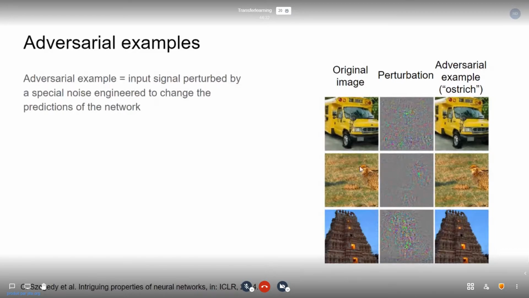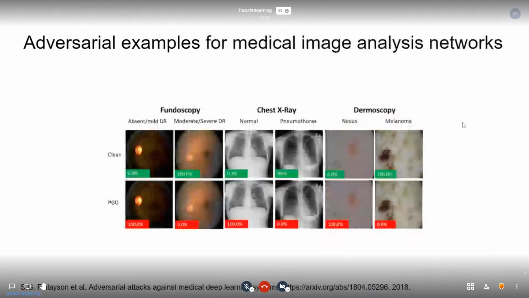All these images are classified correctly by the network, but if we add this very subtle, almost imperceptible noise, the network starts to classify everything as ostrich. Adversarial attacks were very successful when applied to networks trained for a very wide variety of tasks. Adversarial attacks against medical image classification and segmentation networks are quite successful.